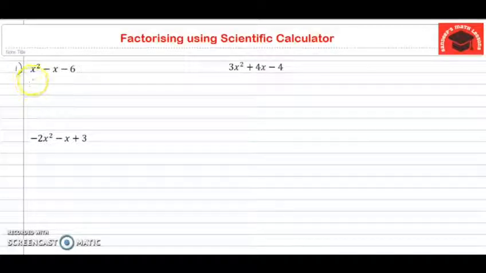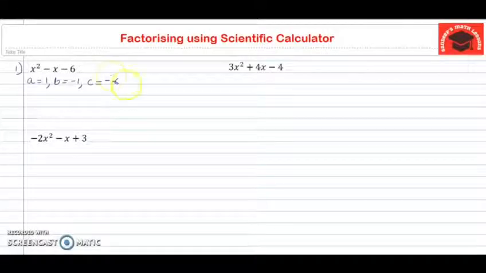Here the coefficient of x squared, that is a, is 1. The coefficient of x, which is b, is -1, and the constant c is -6.